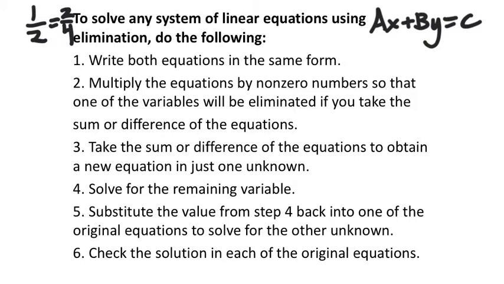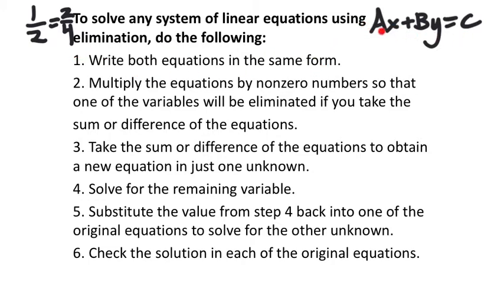We're going to be doing that with the equations using essentially what we'll consider principles of equality, right? Because whatever you do to one side of the equation, you got to do to the other side. And as long as we continue those principles of equality, we can change the way that the equations look without changing their value. I don't even know if this is a formal process, but you want the two equations to be in the same form.